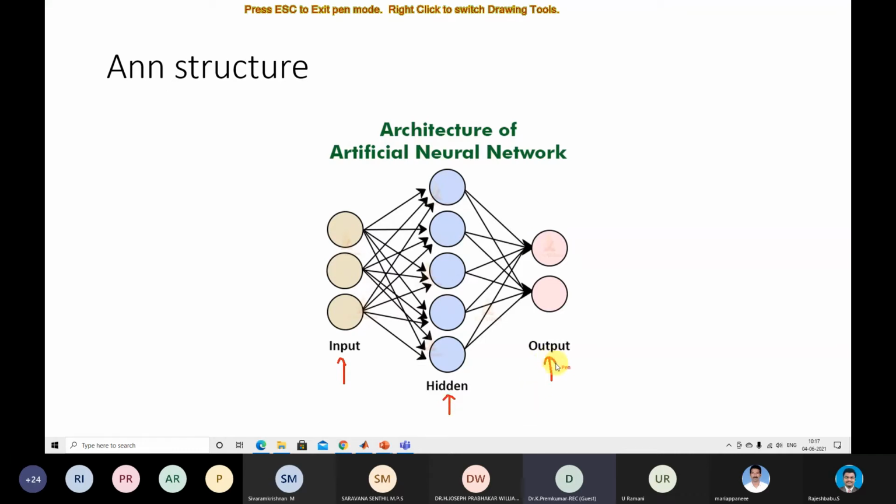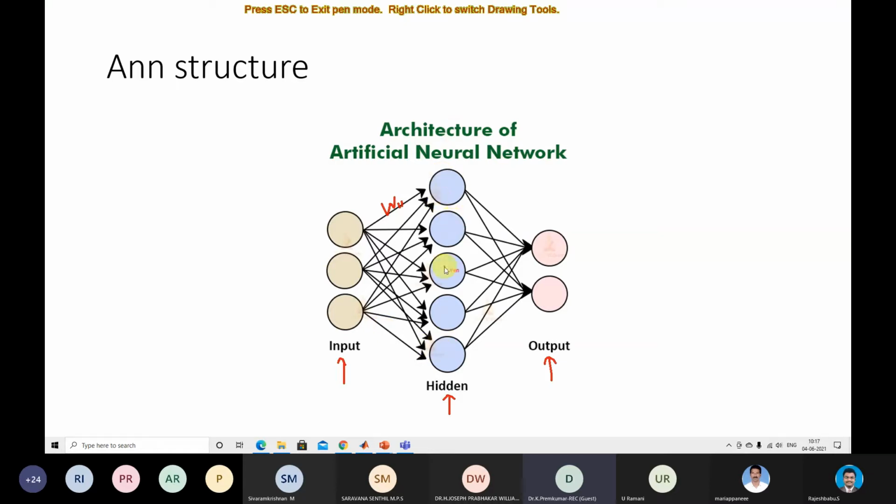Okay, so these layers are connected with links, right? In between the input and the hidden layer there are several links, and each link has some weight. For example, consider this link, it has some weight, and in the same way all links have some weight. Also you can see the neurons. Now consider the hidden layer.